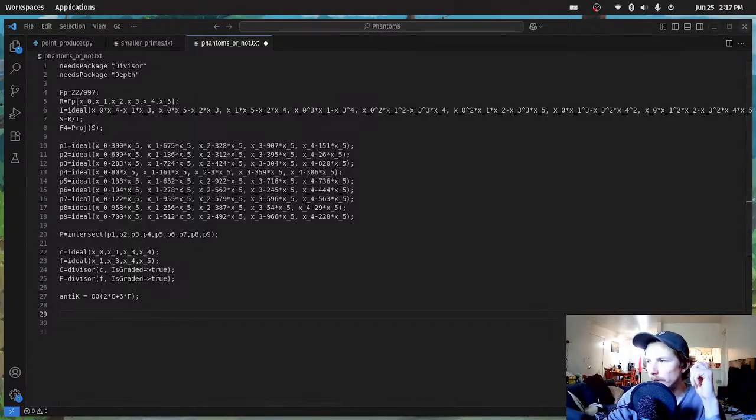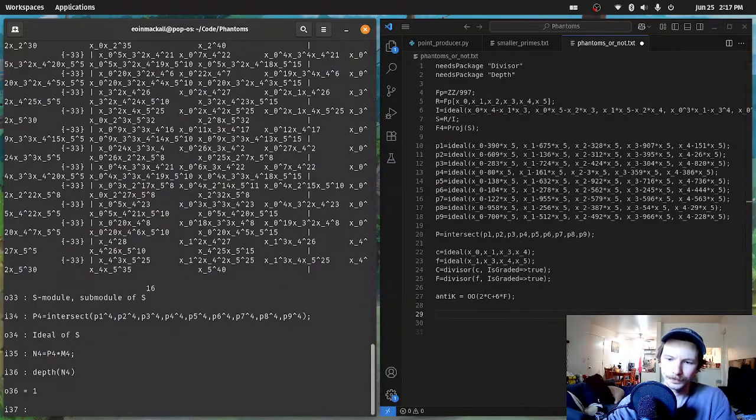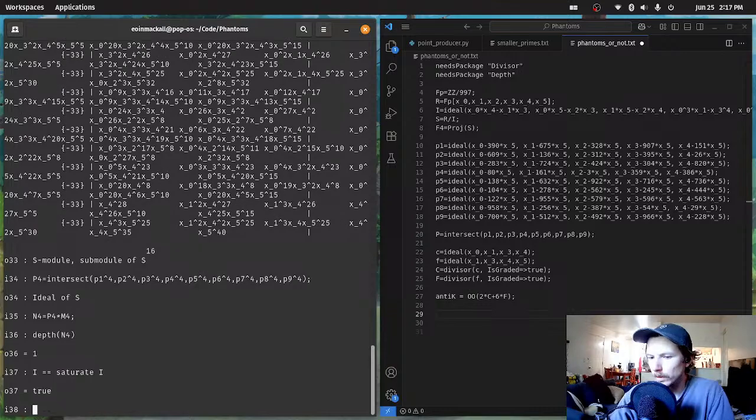I'm not exactly sure how it could be getting messed up. I guess there could be some weird calls. Maybe some things should be saturated before they go into... So like, I wonder if this ideal I is saturated, for example. True.